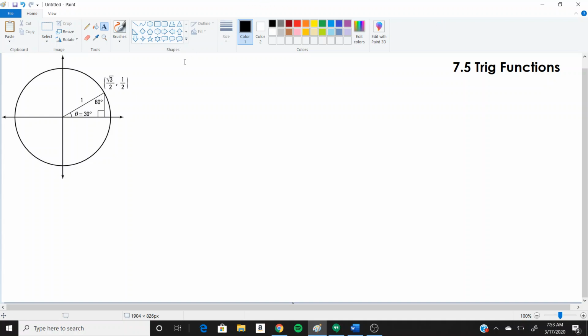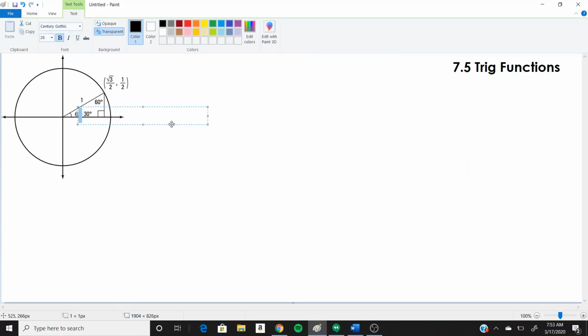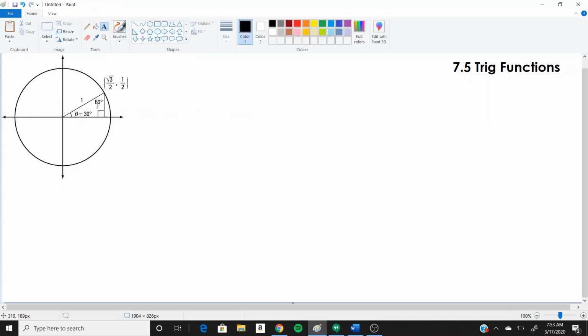So let's take a look at that special right triangle on the unit circle over here. We got a 30, 60, 90 triangle.